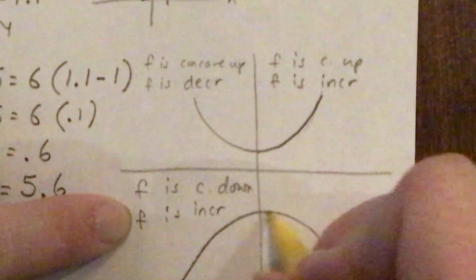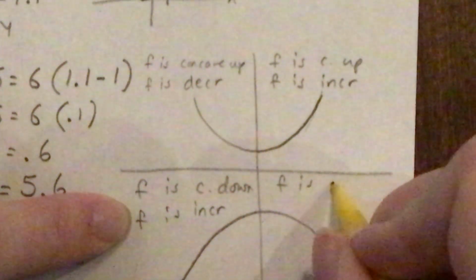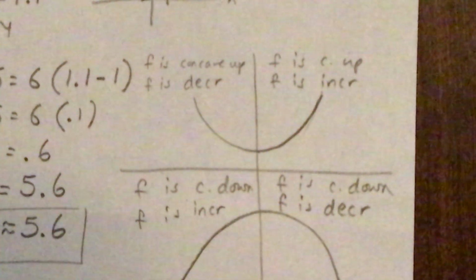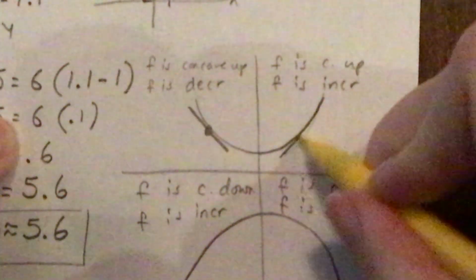And here, f is concave down and decreasing. All right, let's draw a tangent line. So that's going to be slopes. Let's draw a tangent line at any point in the little quadrant.